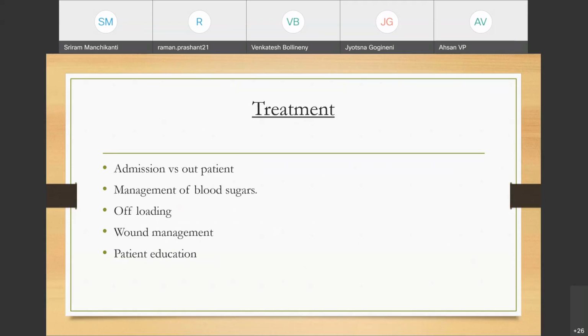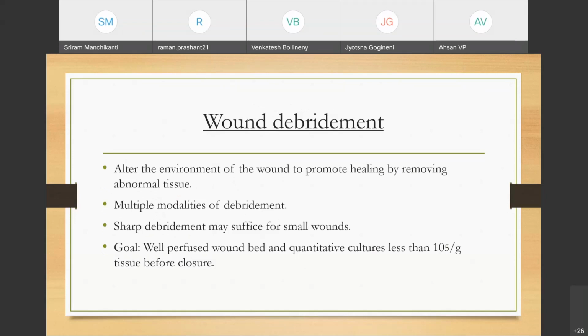So how do you manage the wound? Wound debridement, also known as wound bed preparation, is an important aspect in the management of a diabetic foot. It is to alter the environment of the wound to promote healing by remodeling the abnormal tissues. Basically, it is to ensure that high levels of matrix metalloproteases like MMP9 and necrotic tissue, which is commonly attributed to a chronic inflammatory stage in these wounds, are altered to ensure better healing of the wound.